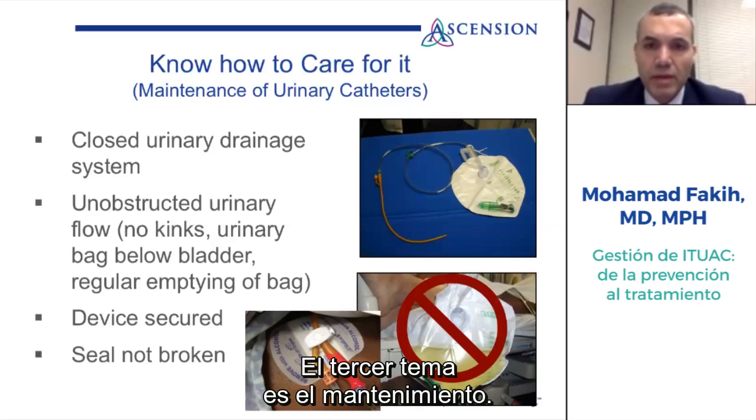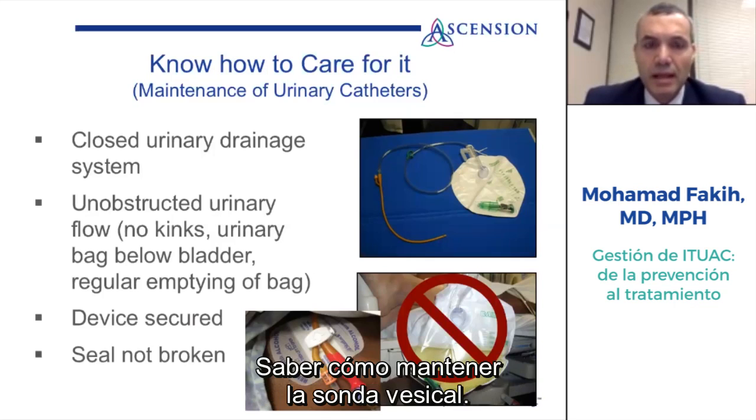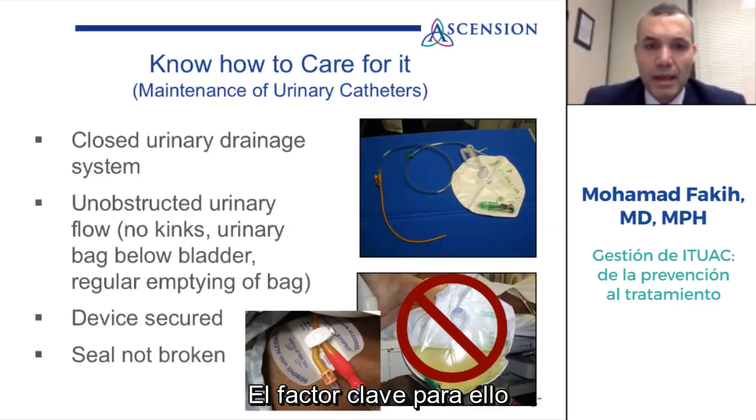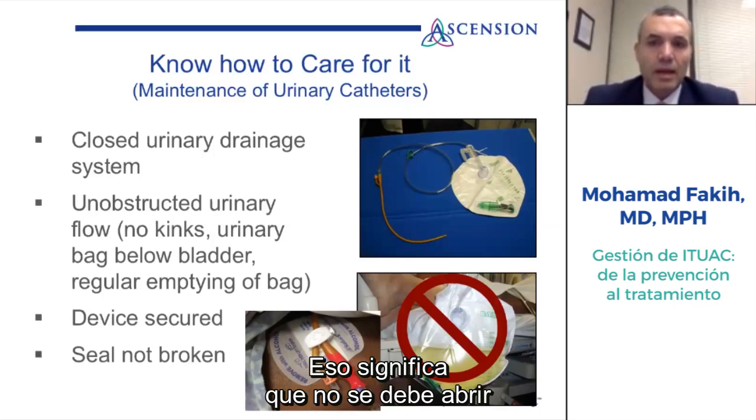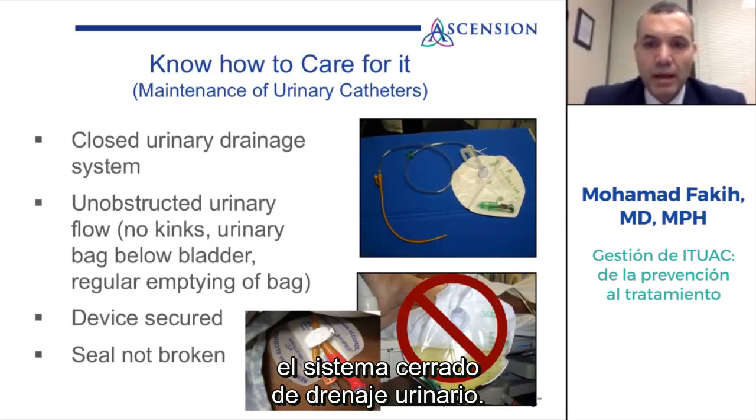The third area is the maintenance and knowing how to care for a urinary catheter. A key factor there is to have a closed urinary drainage system. And by that, I mean that you do not open the closed urinary drainage system.